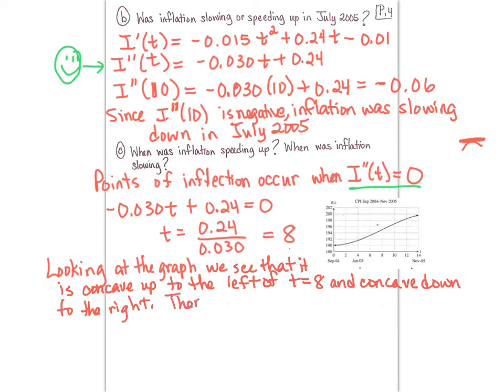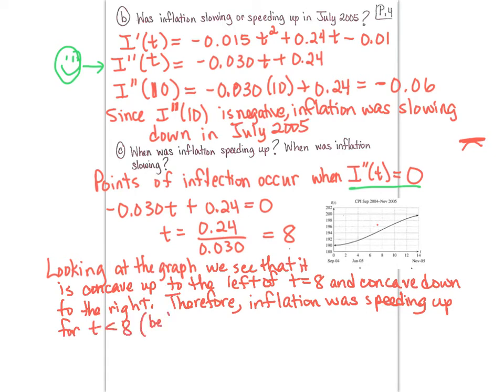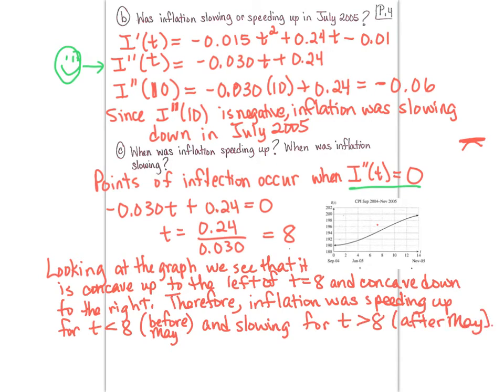Therefore, that means inflation was speeding up for t less than 8, or before May, and slowing down for t greater than 8. In other words, after May. That's your answer.